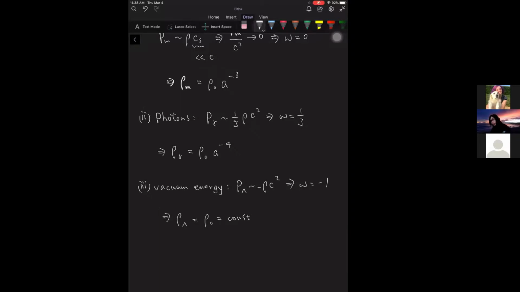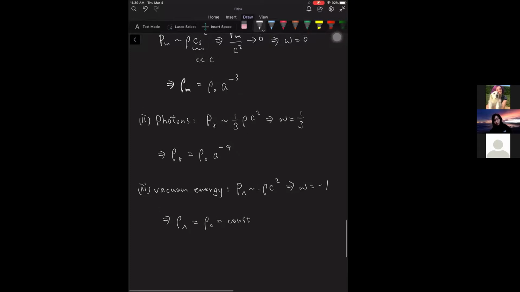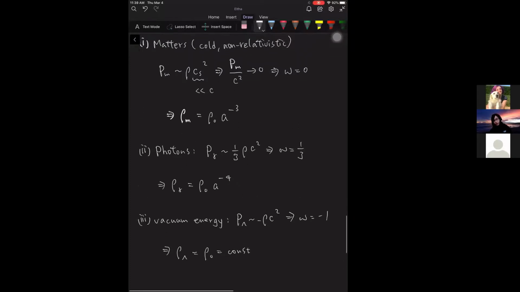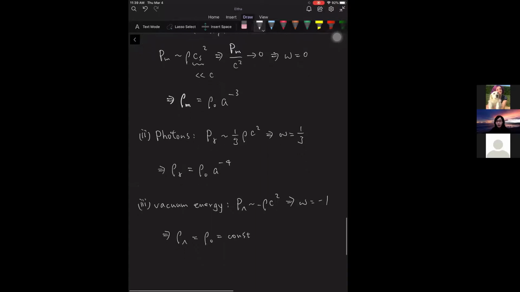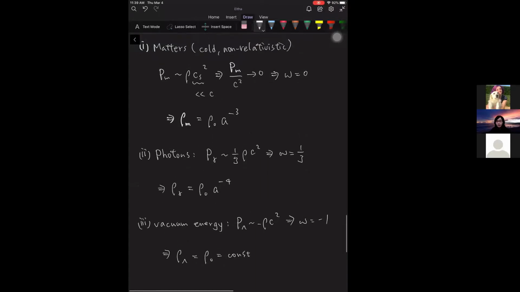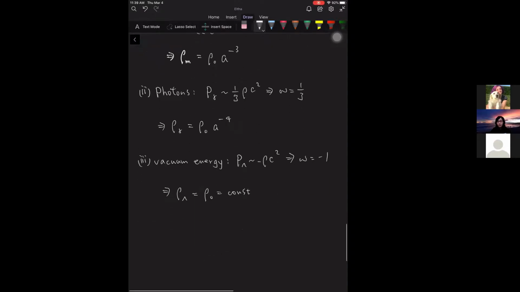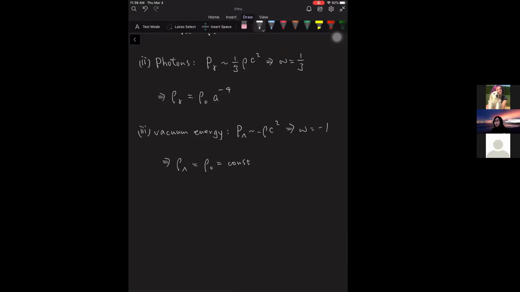Okay, so the densities of these three components can tell us how the variation of these components behaves, for example by plotting.